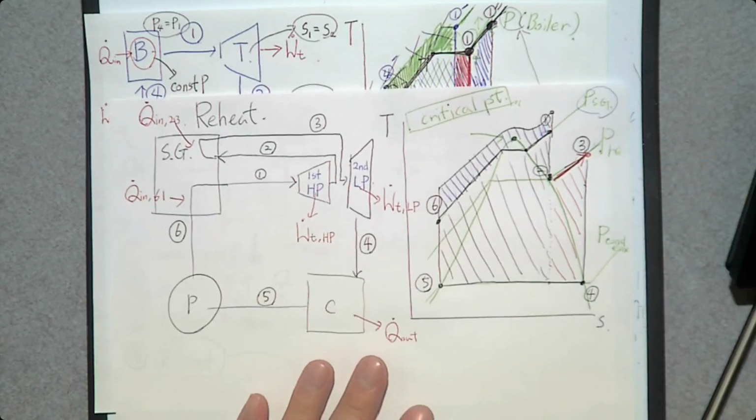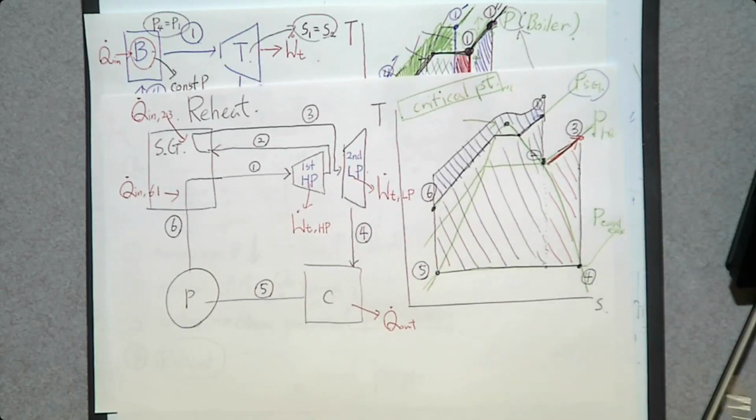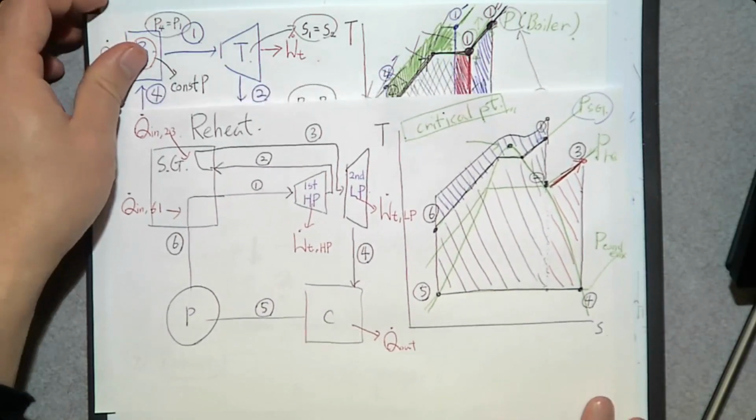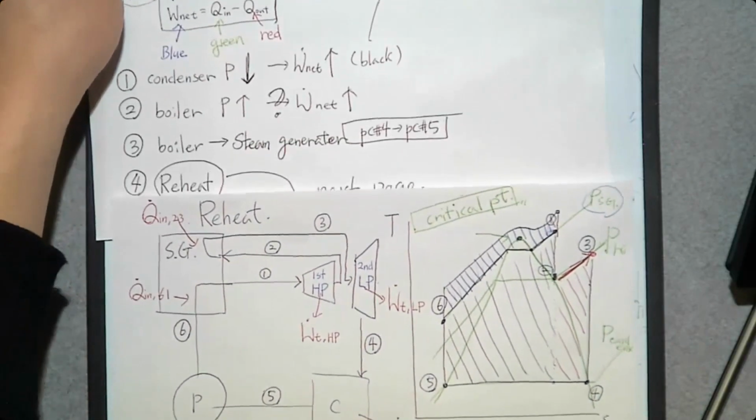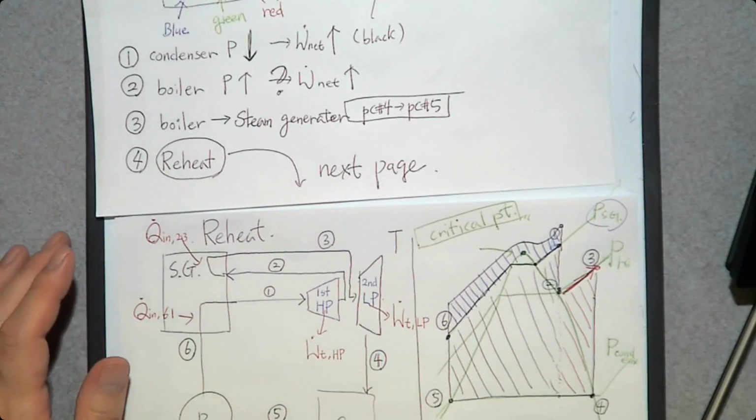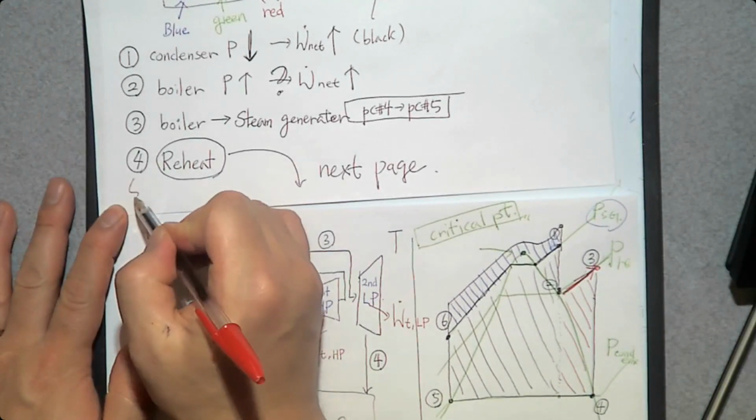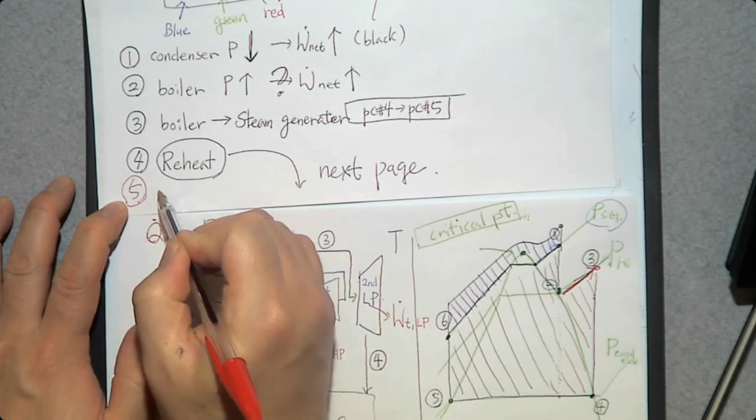That is called supercritical Rankine cycle with the reheat. Okay. So how many modifications? 1, 2, 3, 4, and 5, supercritical.